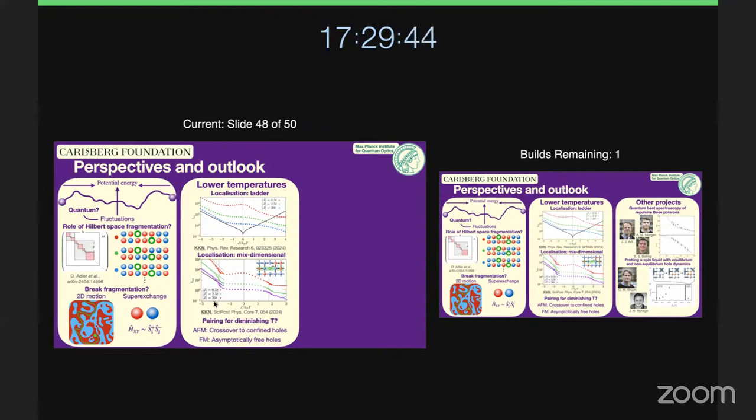And on the anti-ferromagnetic side, so going to the right here, what happens instead is that you build up a checkerboard pattern that will bring back this linearly growing potential that I showed you initially at low temperatures. So there you can see a crossover to a confinement of these. That would be the guess.